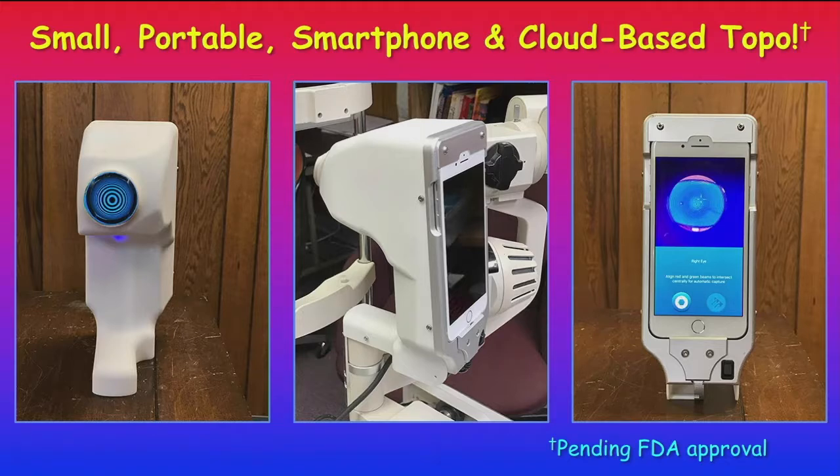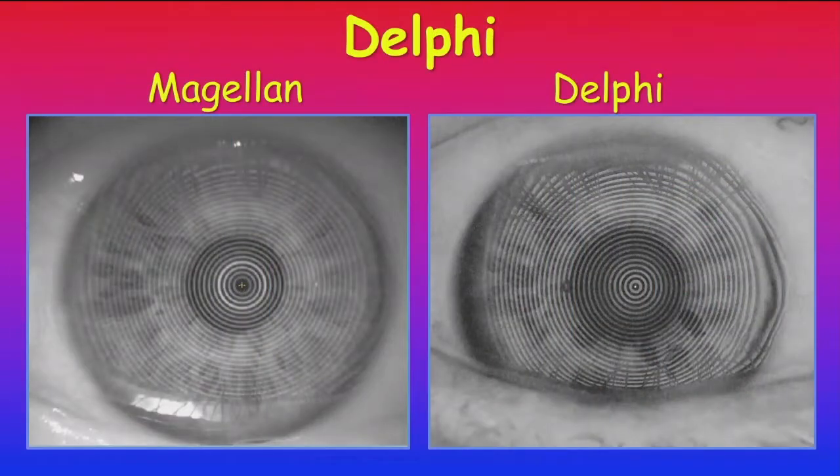But from a practical point of view, let's have a look at what might be coming down the line. A small, portable, smartphone-based topographer that sits on a slit lamp and sends its data to the cloud. This is codenamed Delphi at the moment, and it's a comparison here of my left cornea with the Magellan standard topographer and the Delphi unit.